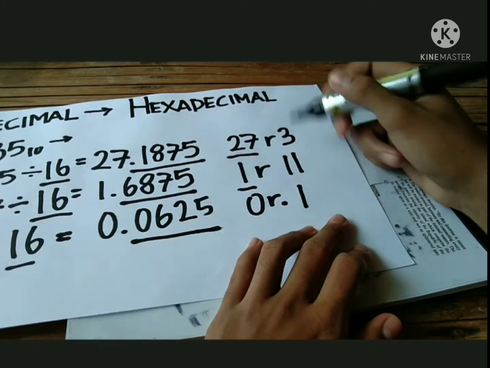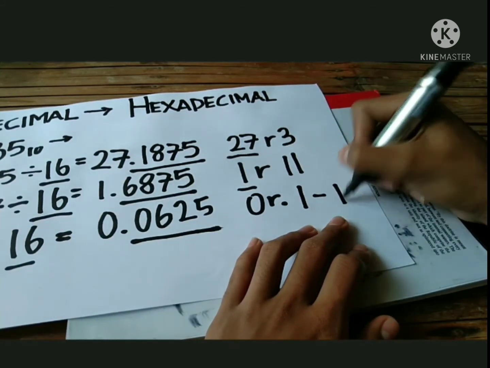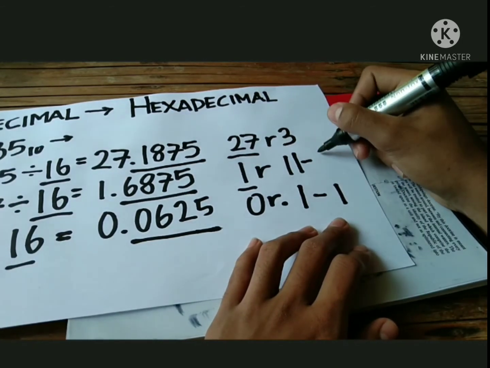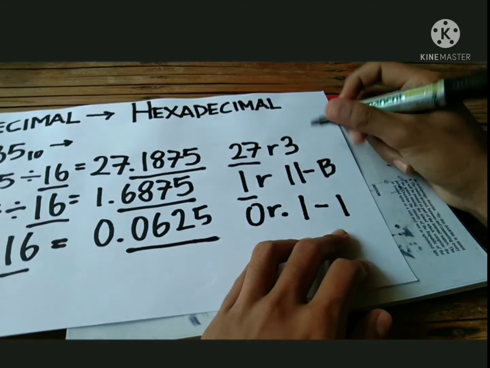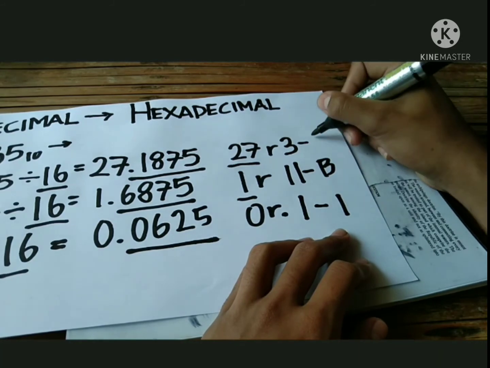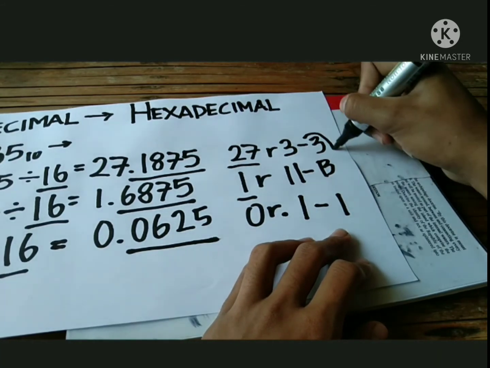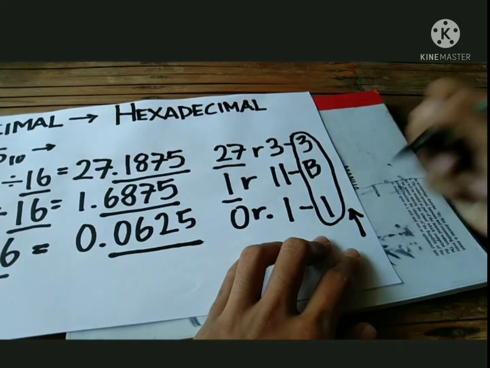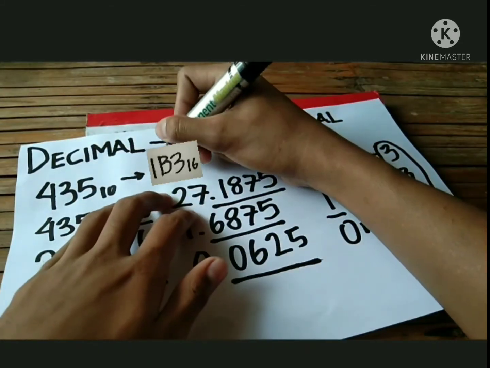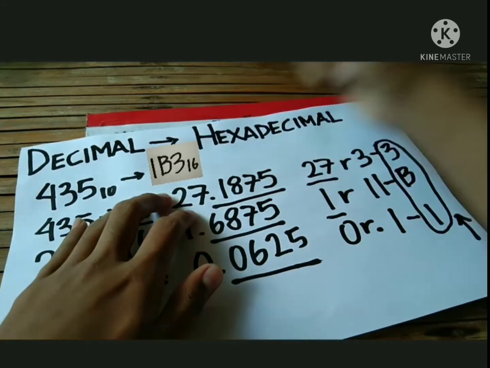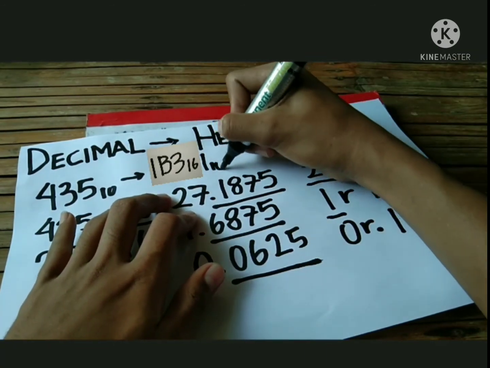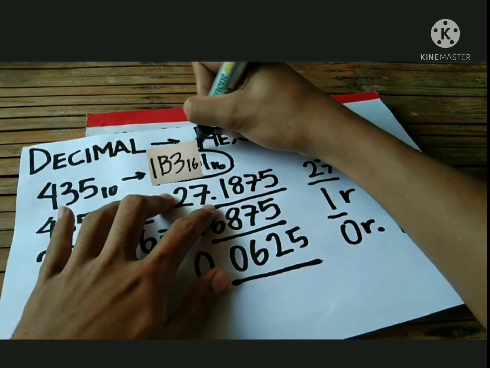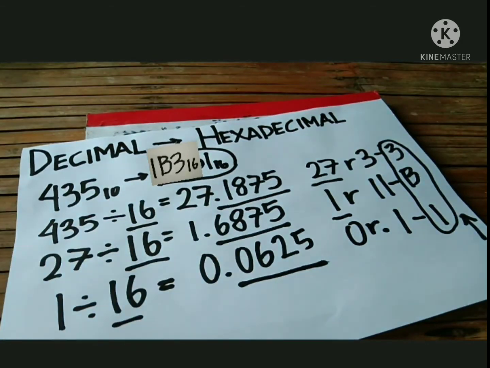So 1 becomes 1, 11 becomes B, and 3 becomes 3. So this is our answer, 1B3. And the hexadecimal number of 435 base 10 is 1B3 base 16.